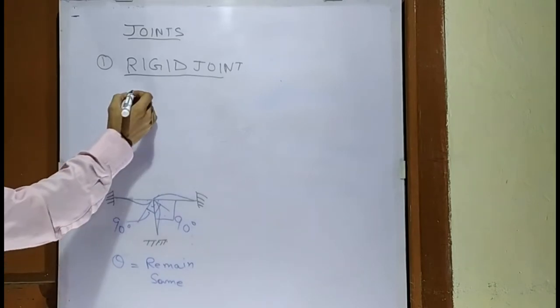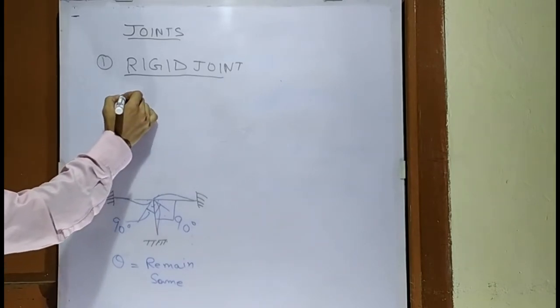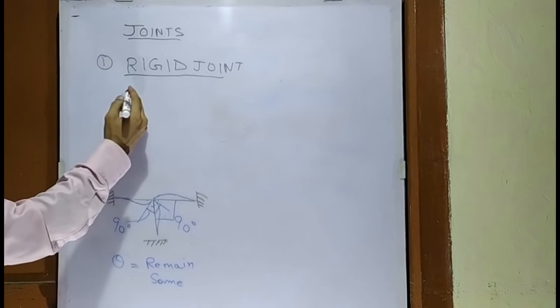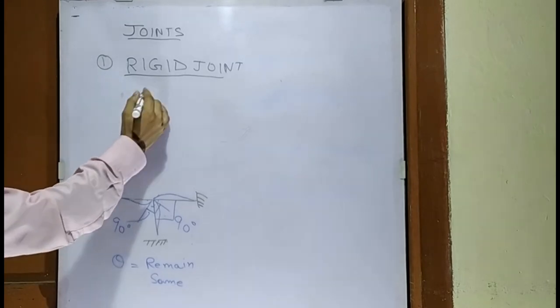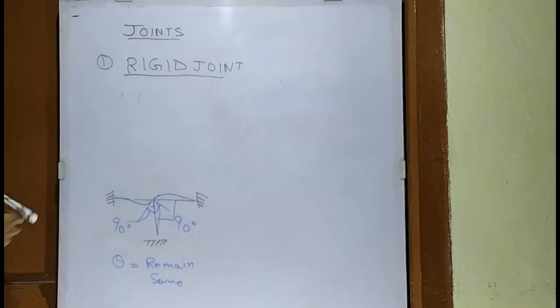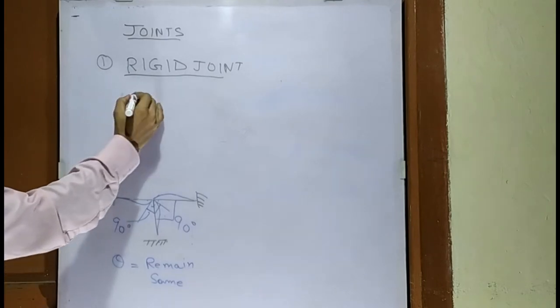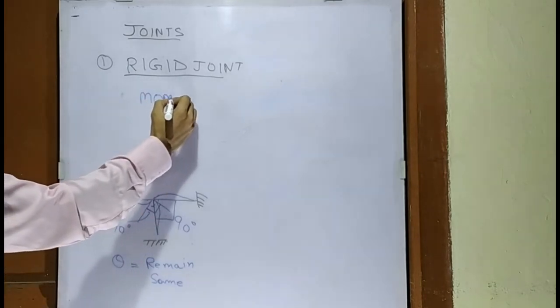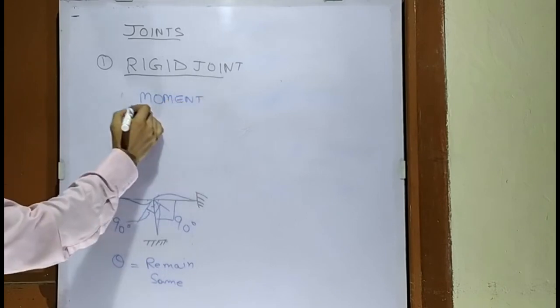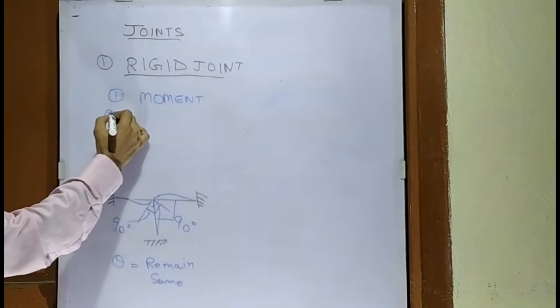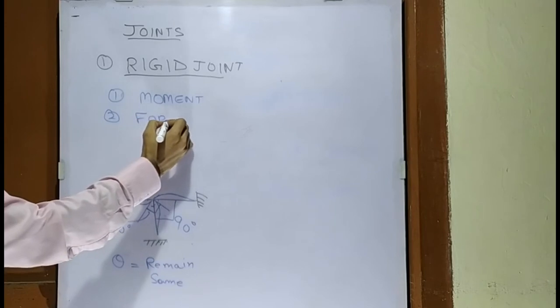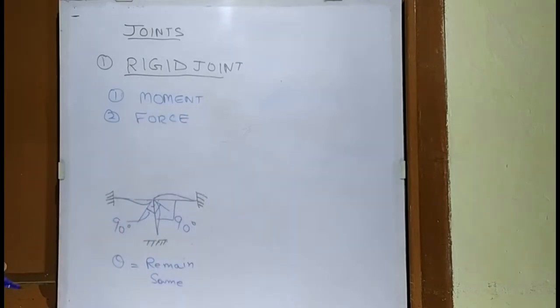A rigid joint may transfer moment first of all, and number two, it may transfer force also. So at a rigid joint we will have both moment and force.